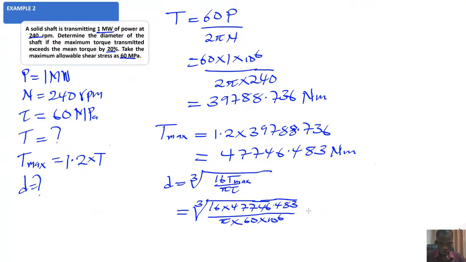And if we compute this, we are going to have the value to be equal to 0.159 meters as the diameter for the shaft. This is the same as 159 millimeters.